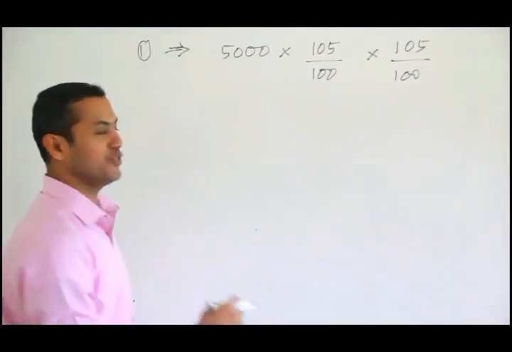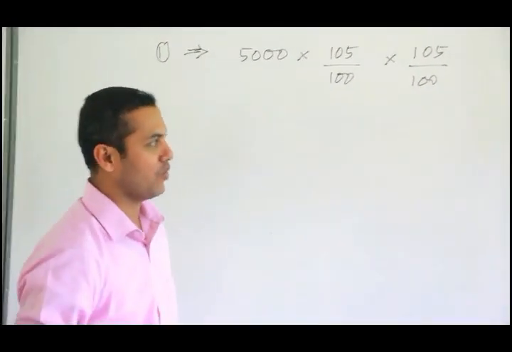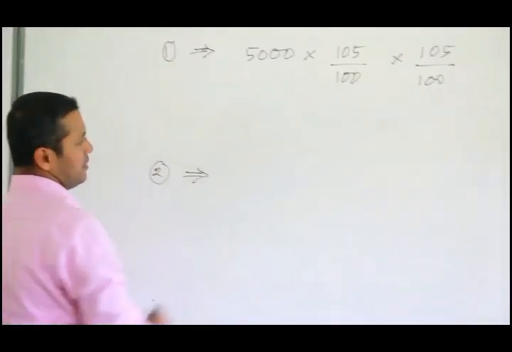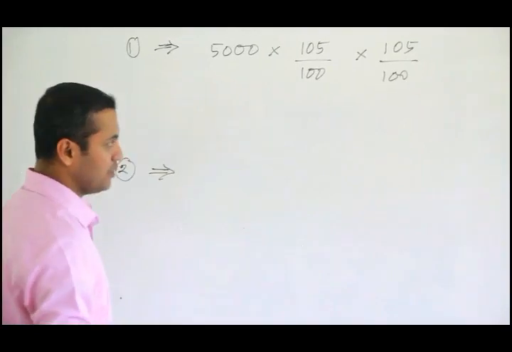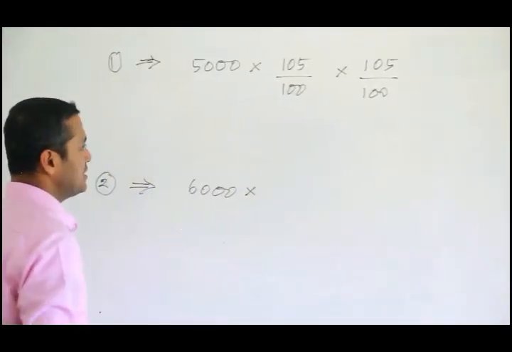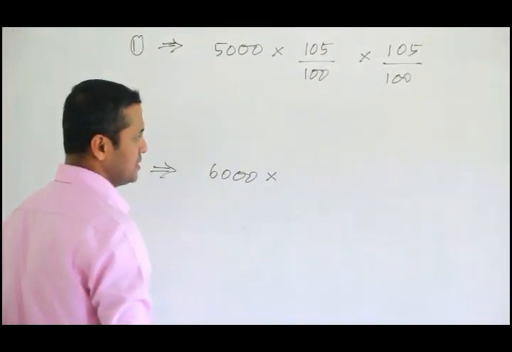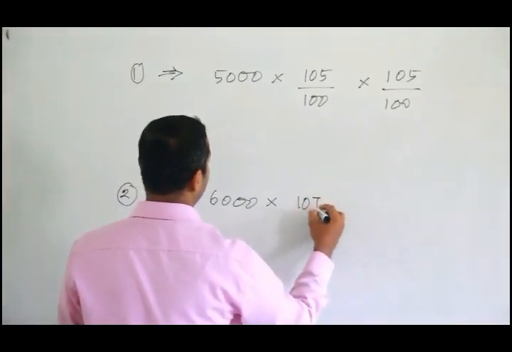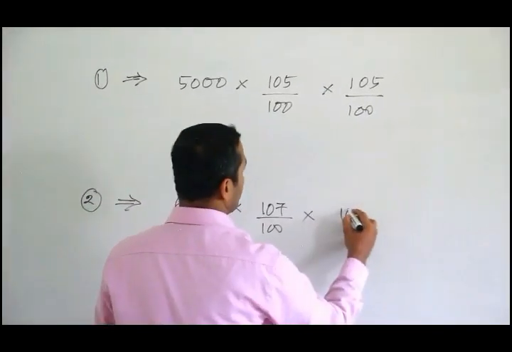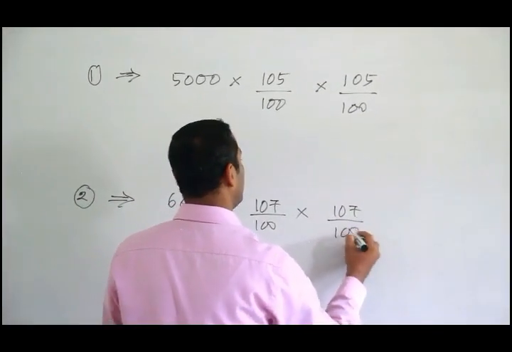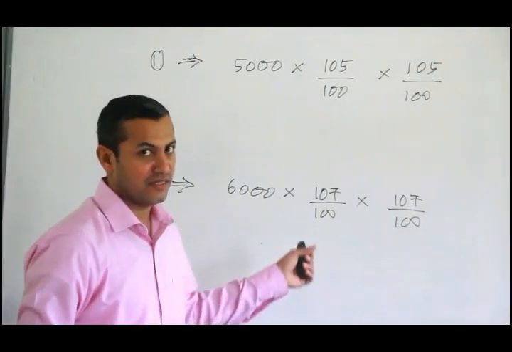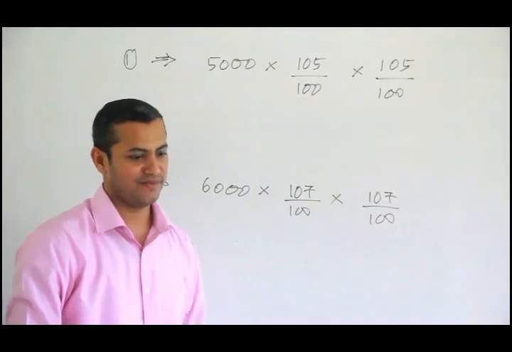I just want you to show the method how to calculate the total amount. If you go through the second question, the deposit is rupees 6,000. The interest percentage is 7. So 107 over 100 into one more time, 107 over 100. This will give you the total amount in the account after 2 years.